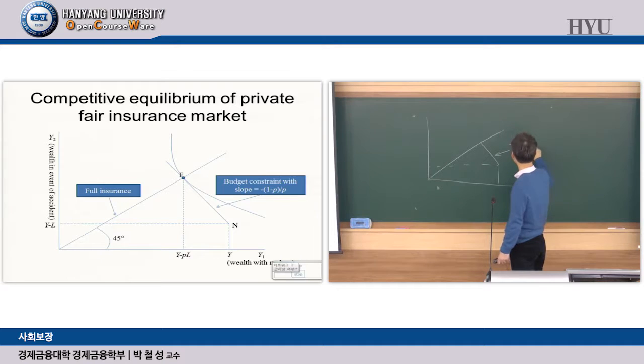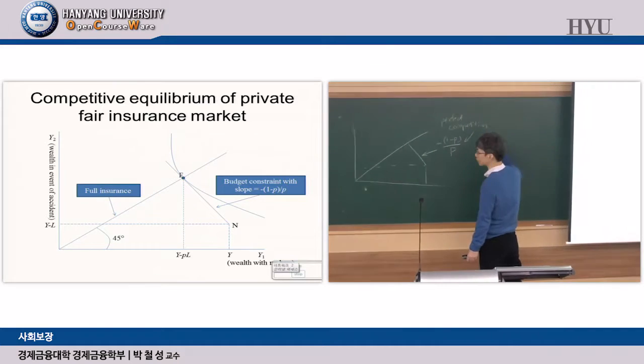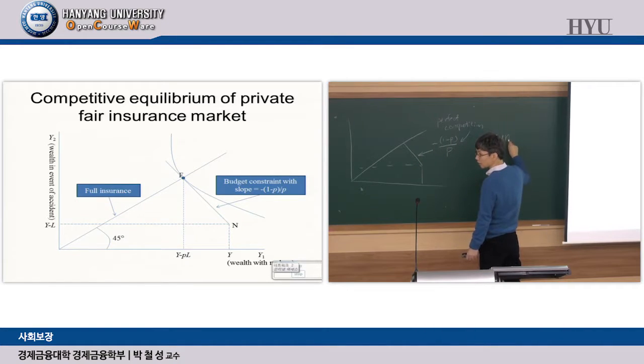p is the probability of accident. This is the case where perfect competition in the insurance market makes the insurance premium that the company collects from clients equal to p, the probability of accident.